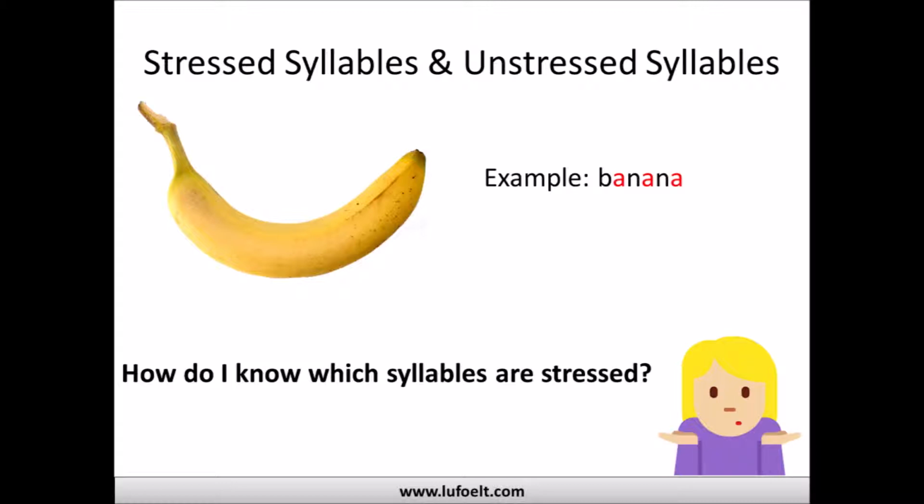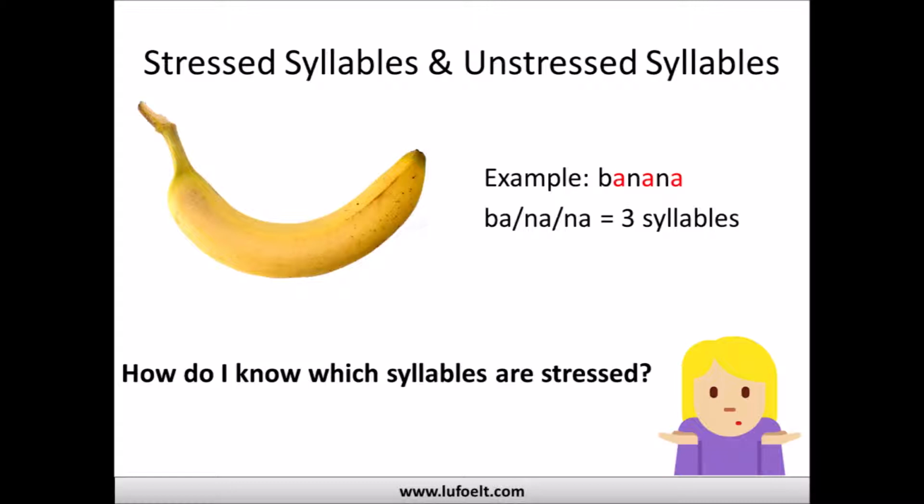And this word has three syllables. Banana, okay? But you might notice that when I say the word banana, these syllables don't all sound the same, and the way that I'm pronouncing the letter A does not sound the same, right?